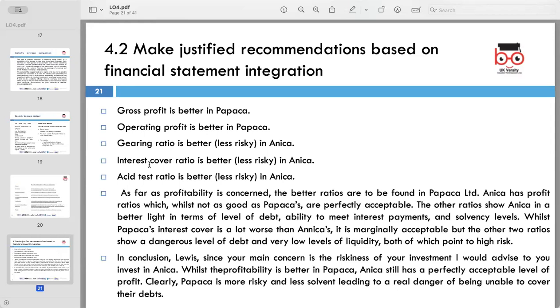This is talking about the previous ratios in comparison, which we discussed in our previous session as well. Anika exhibits superior ratios in terms of gearing, interest cover, and asset turnover, suggesting lower financial risk and better solvency.